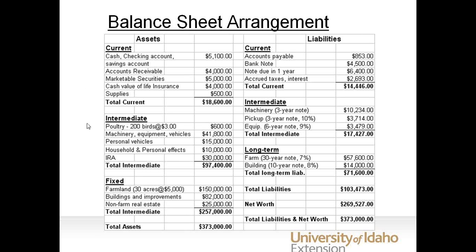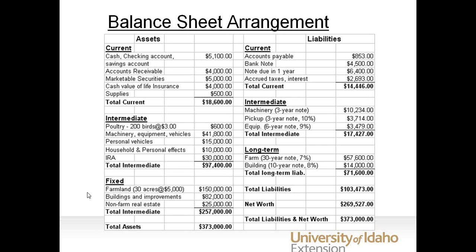Intermediate assets are usually defined as 1 to 10 years, and this asset class fits breeding animals, machinery, equipment, vehicles, types of assets that match that kind of useful lifespan, 1 to 10 years, and can be turned into cash relatively easily, but by doing so usually disrupts the operation of the business.